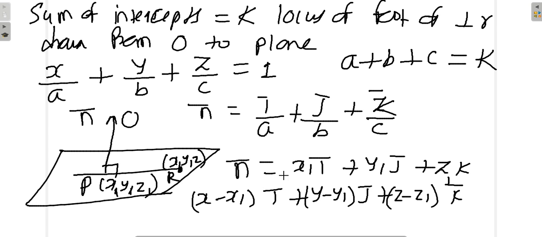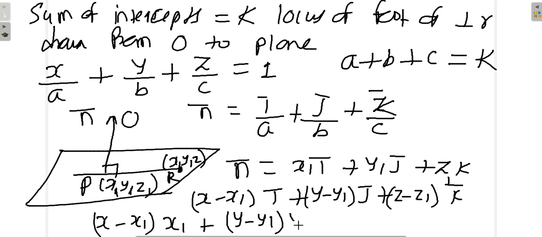N bar. So the dot product will be 0. So what is the equation of plane? x minus x1 into x1 plus y minus y1 into y1 plus z minus z1 into z1 is equal to 0. This is another form of equation of plane. I hope it is understood.